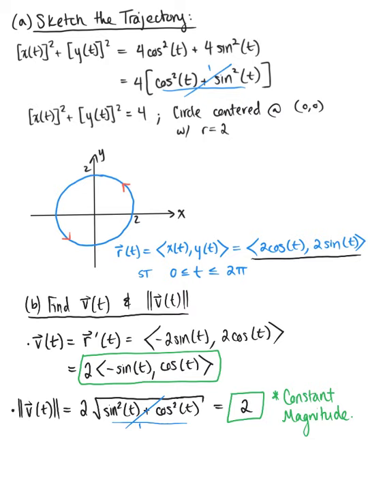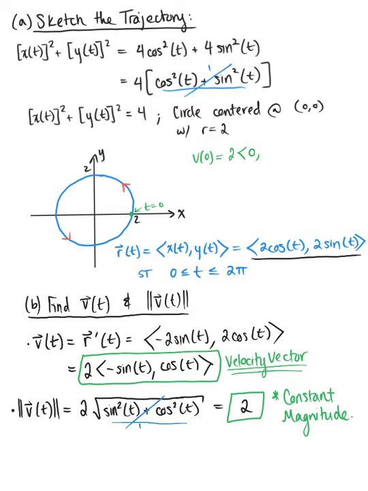And just for fun here, now that we have our velocity vector, let's think about what's going on at different points of the circle. Right, so looking back up at our trajectory here, let's think about when t is equal to 0. What's our velocity vector going to be here? So the velocity vector when t is 0, we're going to have 2 multiplied by minus sine of 0, which gives us 0.